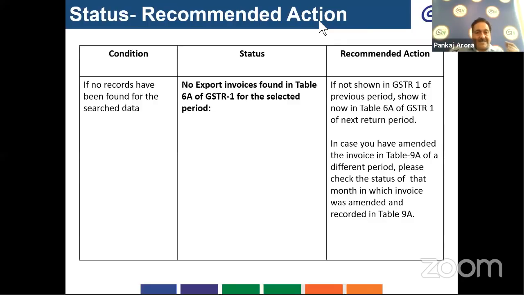I hope it was useful for you in general, and in particular for those taxpayers who have applied for refund of IGST, who are waiting for it, but they are clueless how to make good the deficiencies in the GSTR1 and GSTR3B filed by them.